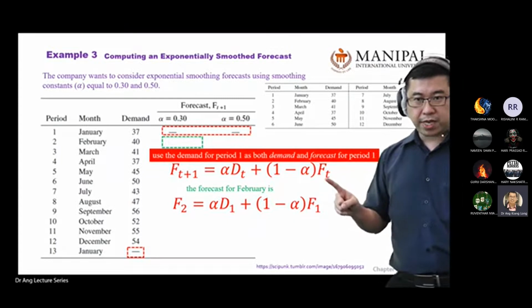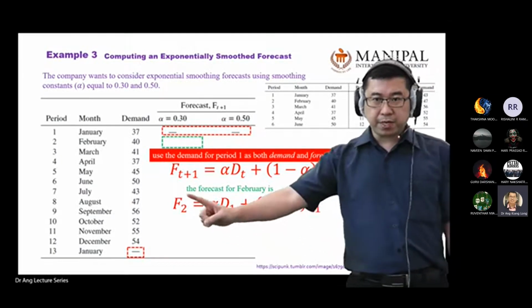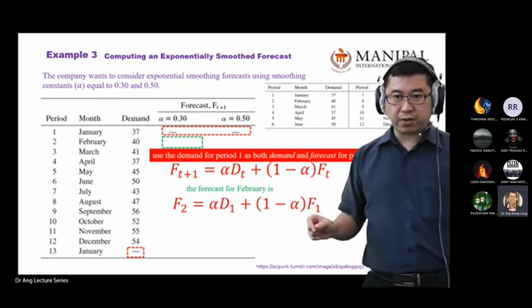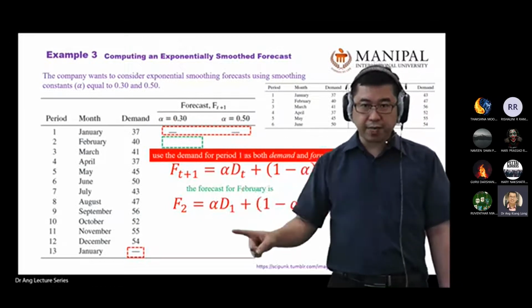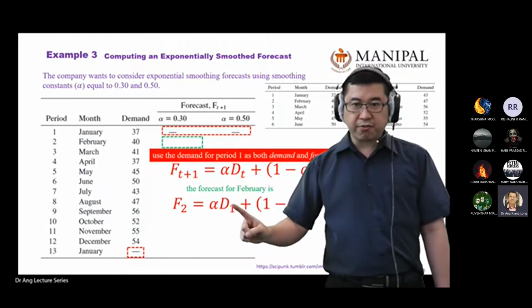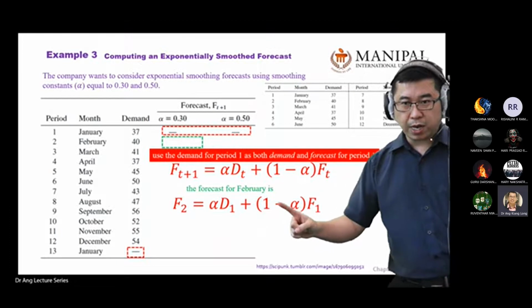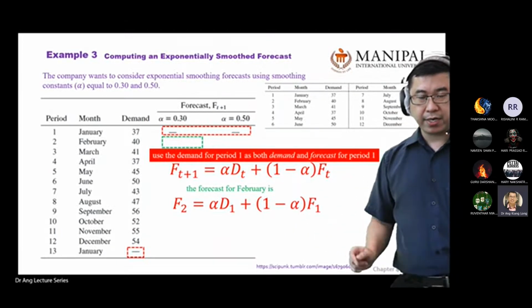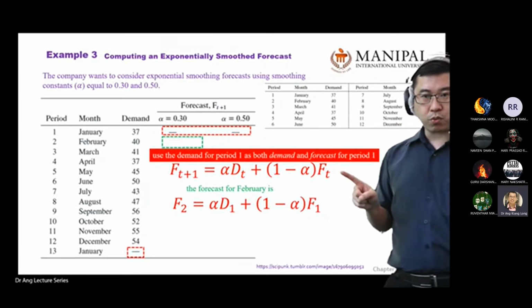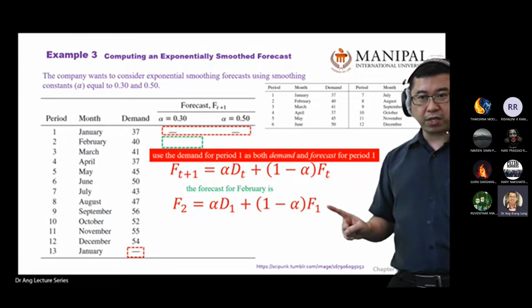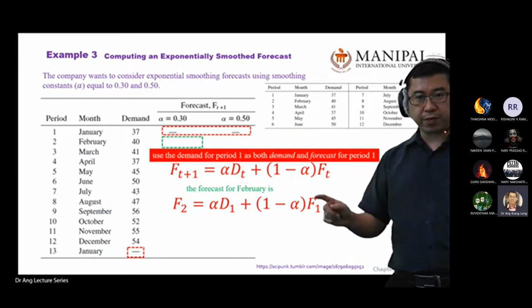Once you derive the equation, you calculate the second forecast: F2 equal to alpha D1 plus 1 minus alpha F1. First, you have to understand how to modify this equation into a useful one for the data.